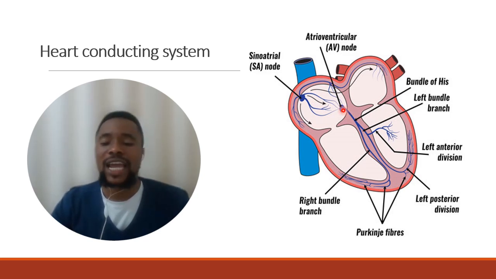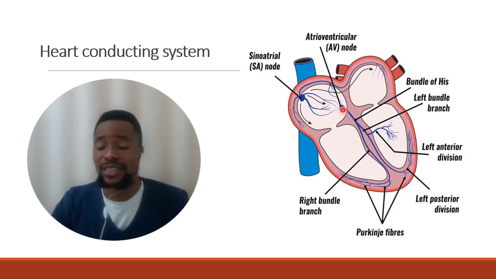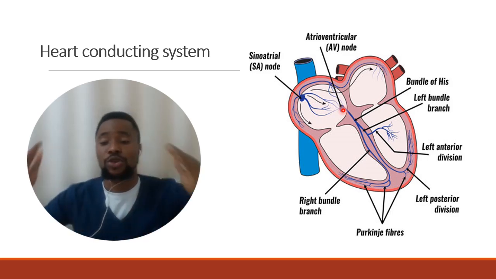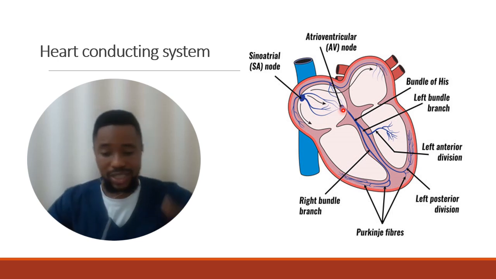Now this AV node itself could be diseased in some conditions whereby there's a delay in conduction. So we call it AV node block, or heart block. It can be first degree, second degree, type 1, type 2, then third degree, and all that.